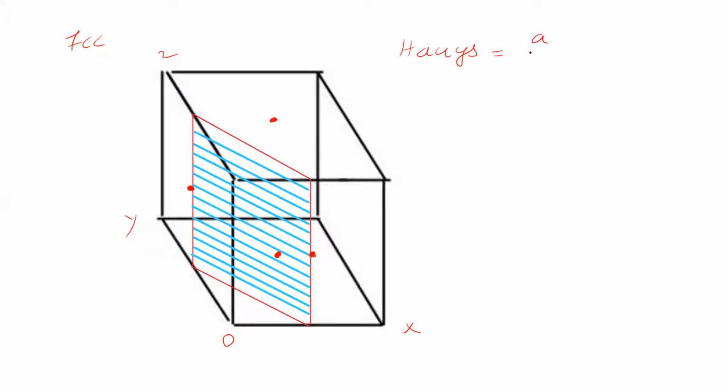Therefore, in the x-axis a by 2, in the y-axis b by 2, and in the z-axis infinity c because it is parallel to the z-axis. The coefficients are 1 by 2, 1 by 2, and infinity. Now for the Miller indices, take the reciprocal and the simple ratio. So 2 2 0 is the hkl Miller indices for this plane.